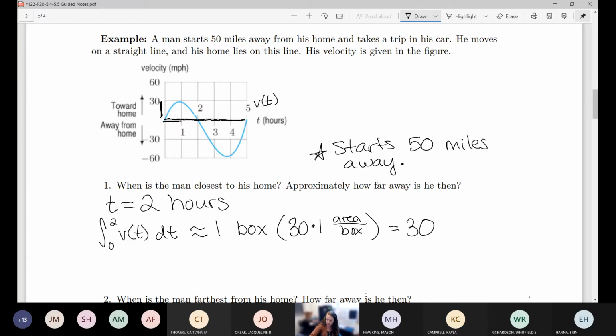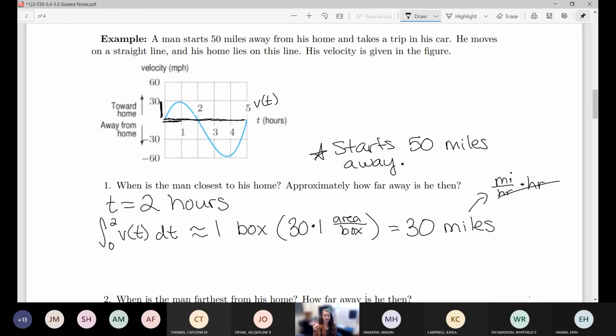That's telling us that he essentially traveled 30 miles in those 2 hours. The miles come from v of t being given in miles per hour, and t being given in hours, so the units of the integral are in miles. Maybe I should put mi, because m by itself is usually meters. So he traveled 30 miles in that time frame.